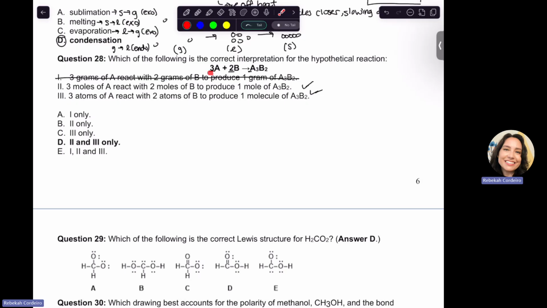So we can say 3 moles of A, 2 moles of B, 1 mole of A3B2, or we can say 2 atoms A, 2 atoms B, 1 molecule A3B2. As long as it's either in moles or particles, that's fine, but definitely not grams, because grams are not related by the same conversion factor with each other.